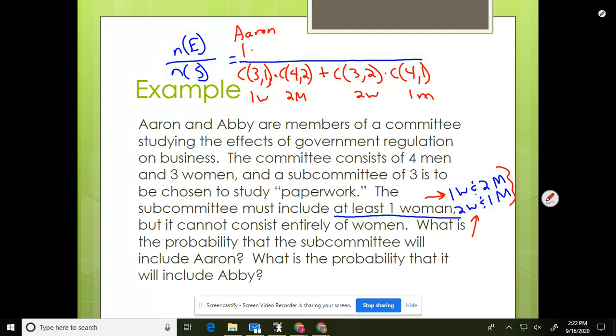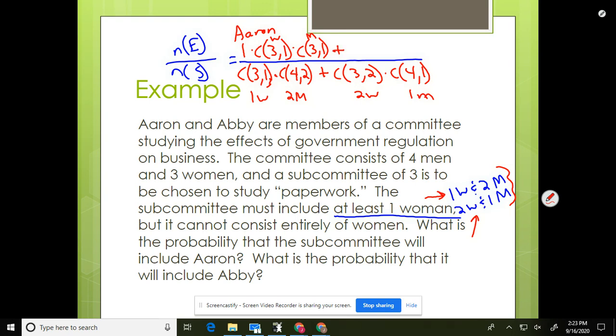And then I've got 1 woman to select. That doesn't change. Now I only have 1 man to select because we're assuming that Aaron is a man. I only have now 3 to choose from because I've taken Aaron out. So I have 3 choose 1 for the 1 man. So I have Aaron, I have my woman, and I have my 1 man.